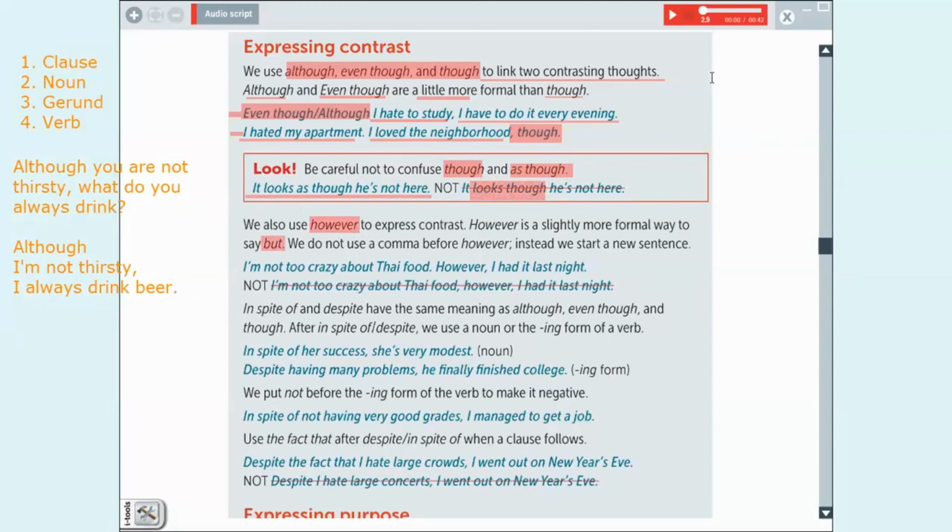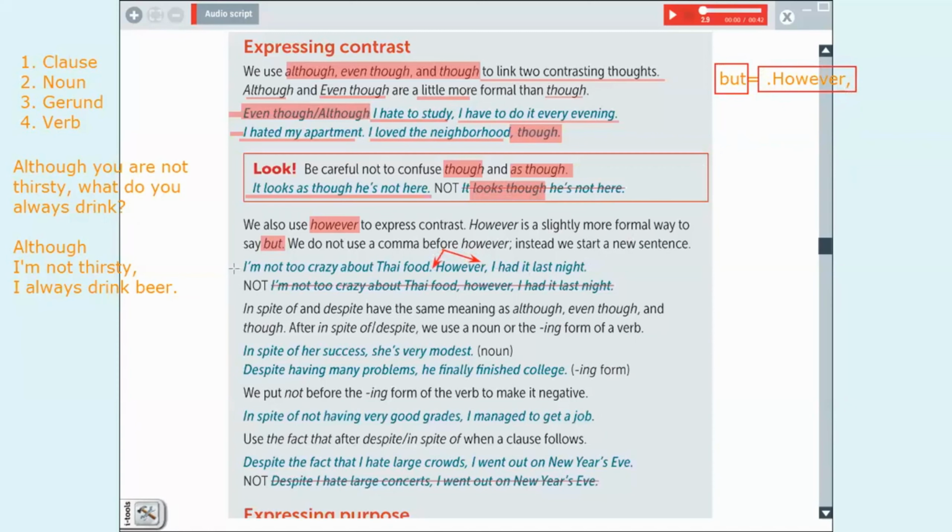So the first thing to recognize is that we're going to go from but to however, and then a comma. This is the main characteristic of this linker. You need to place a period because we start a new sentence, and after however, you need to place the comma. So we're going to go from but, which is informal, to however, that is formal.